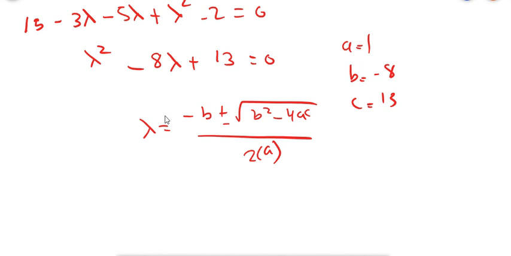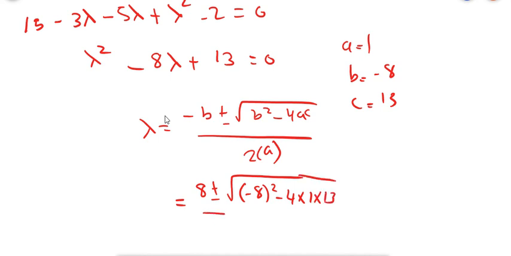So here you have 8 plus or minus square root of minus 8 square minus 4 multiplied by 1 multiplied by 13, over 2 multiplied by 1.